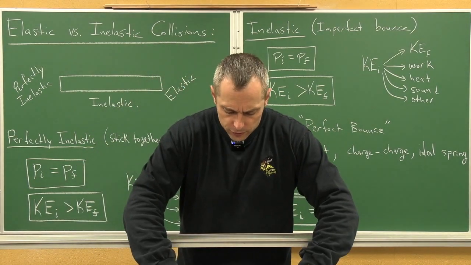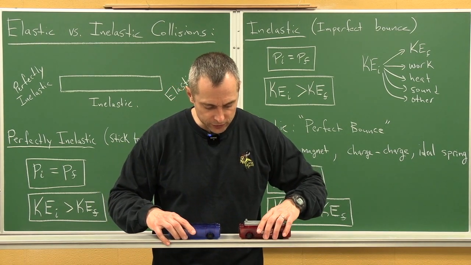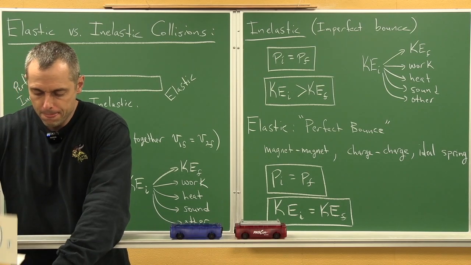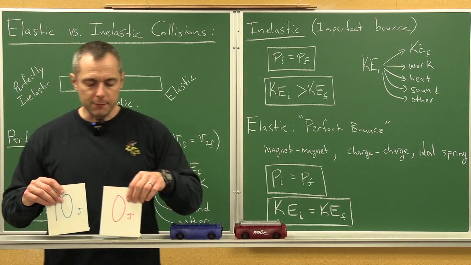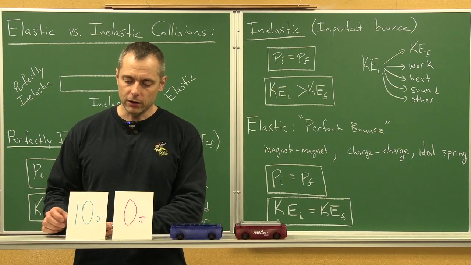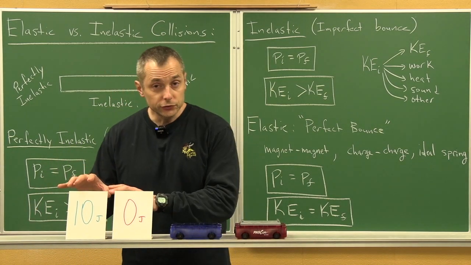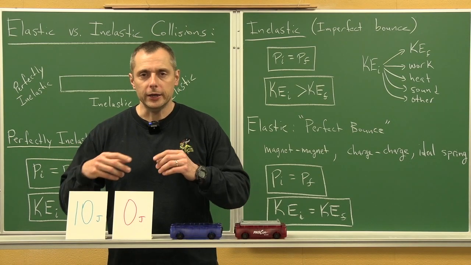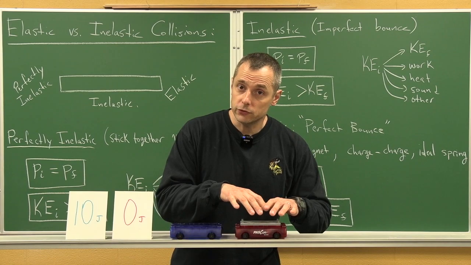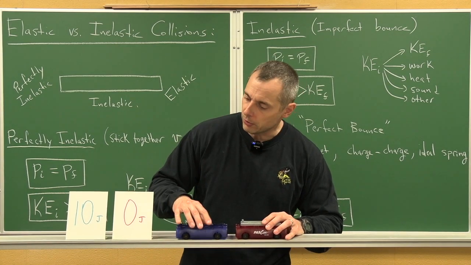Now, to give you some numbers to make sense of what's going on, so let's suppose I have blue car coming in, right, and it's heading toward the red car with 10 joules. You know, whatever, I made up a number. I calculate 1/2 mv squared and I get 10 joules. And the red car's not moving, so it has 0 joules. And then it's going to come in and crash.